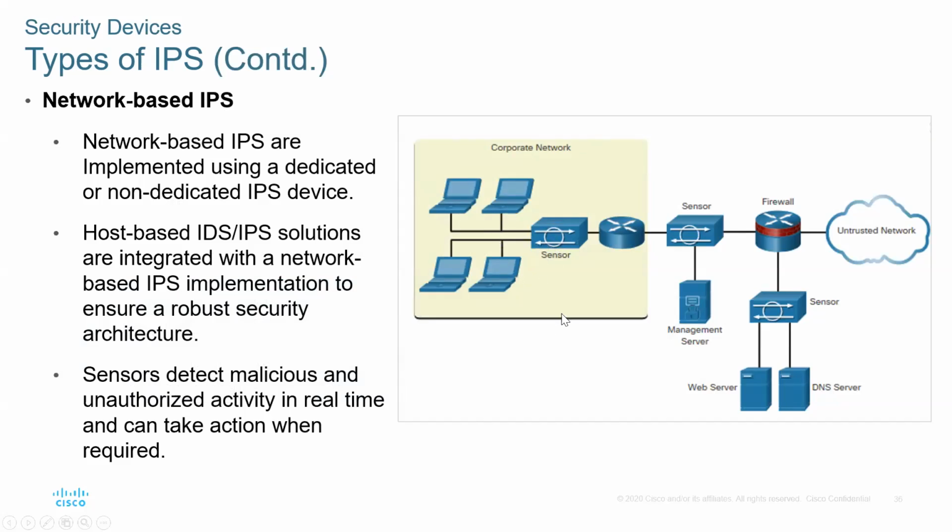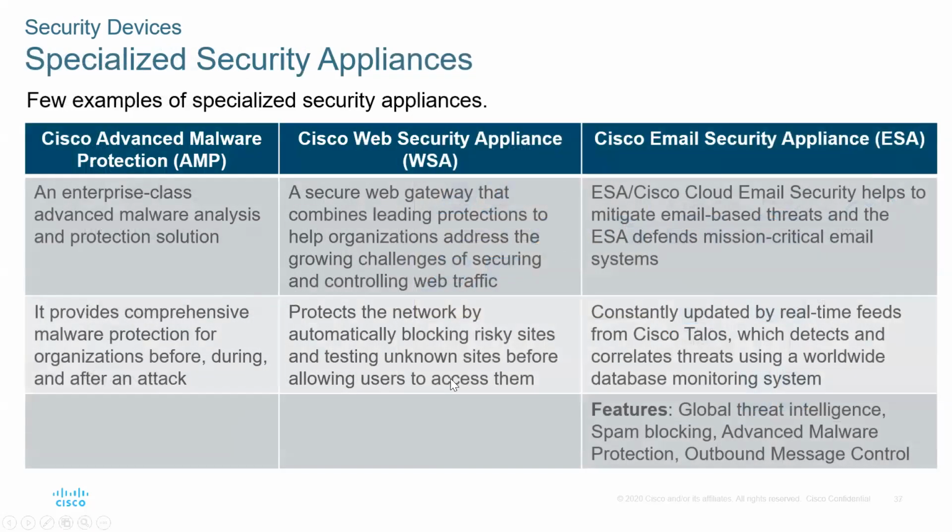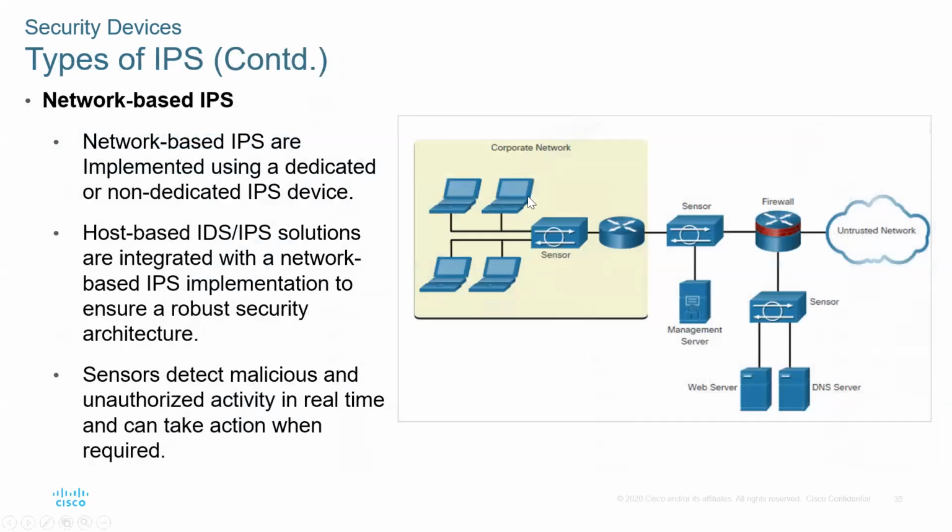So it's far more robust than just catching it on the host. You can actually have integration with both the hosts and these network sensors, and that provides even more robust security. A Sophos appliance is a great example of that type of scenario.